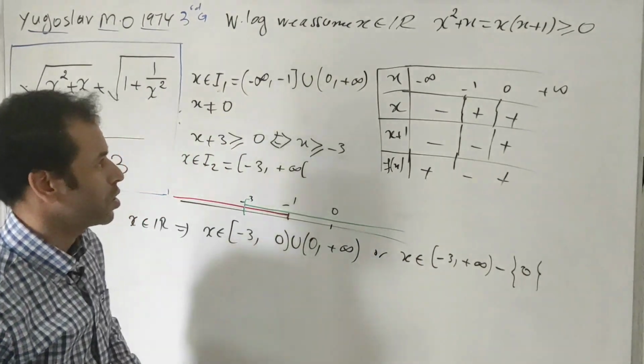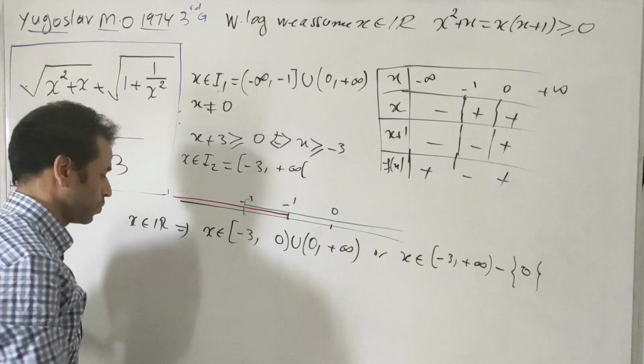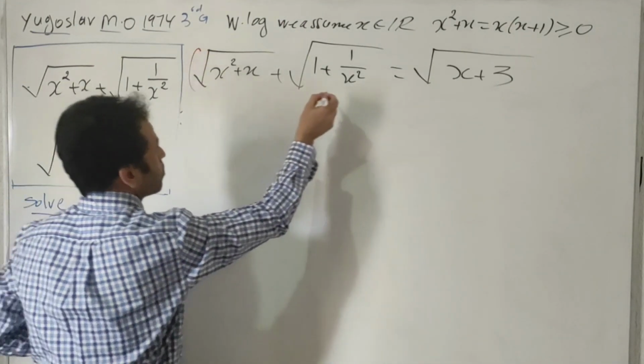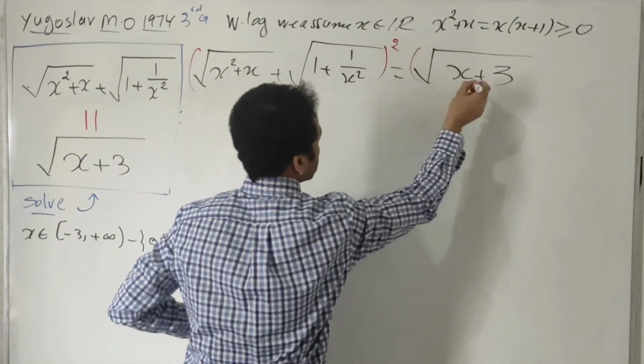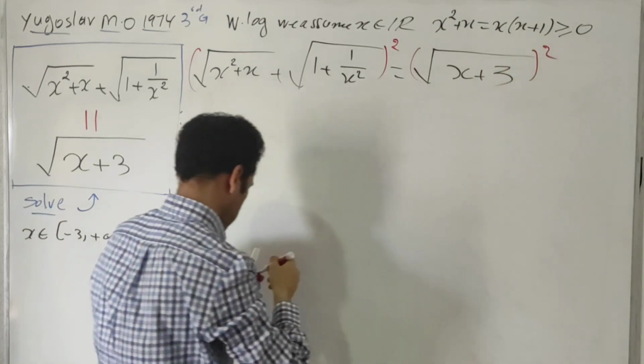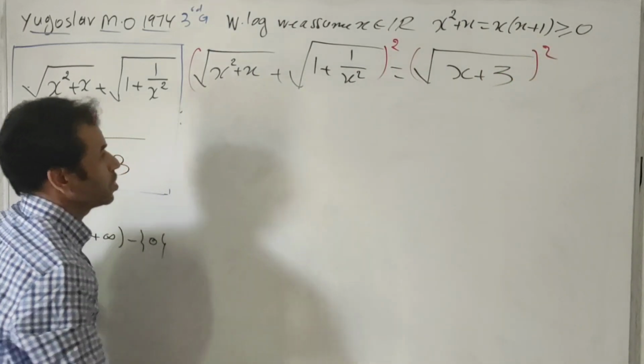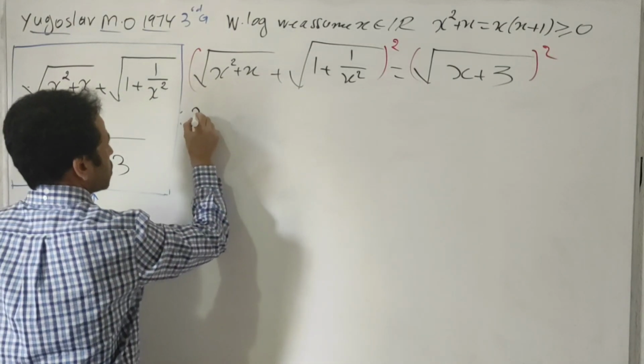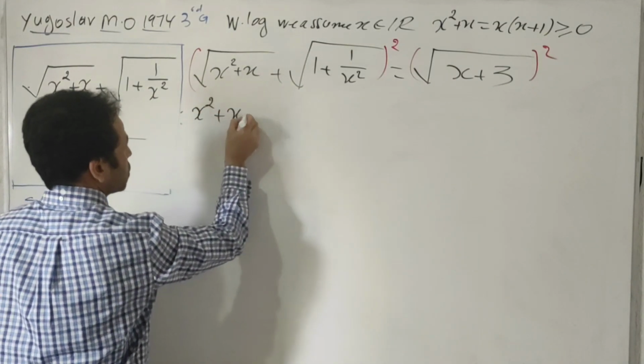Let's clean up this board and continue solving this equation. We have the following equation. The next thing, I'm going to raise both sides to the power of 2. By distributing out this expression, I get the first term as x squared plus x.